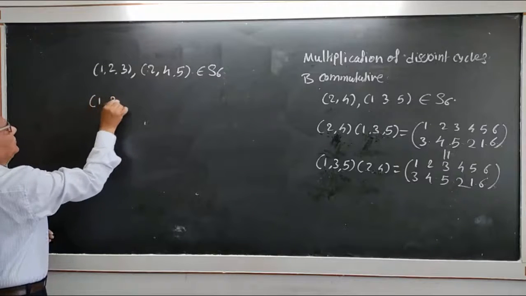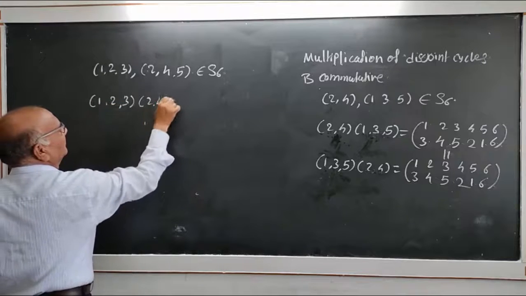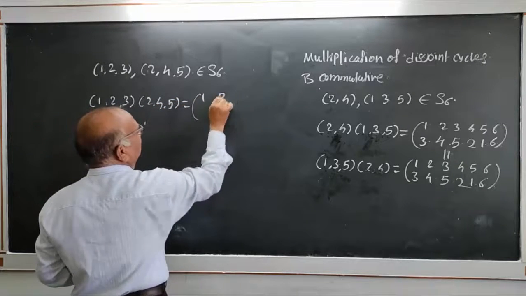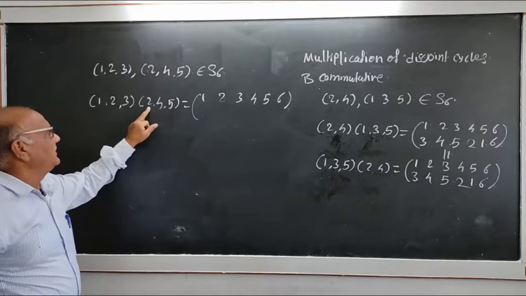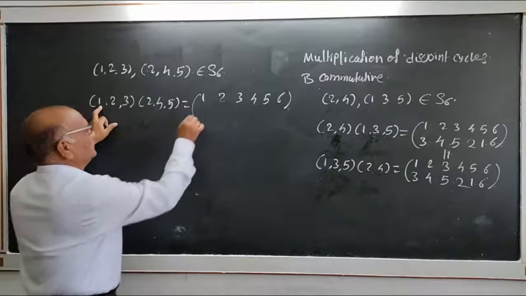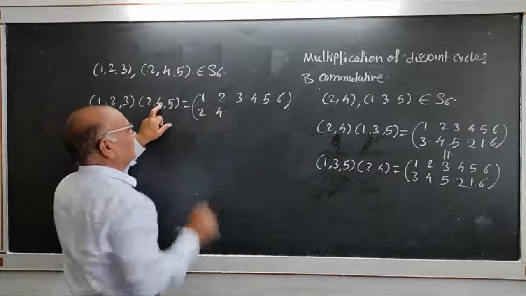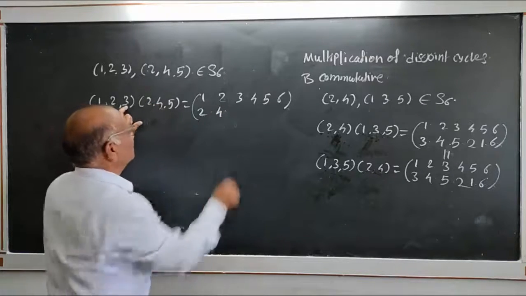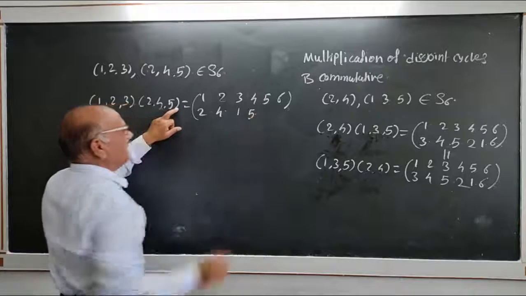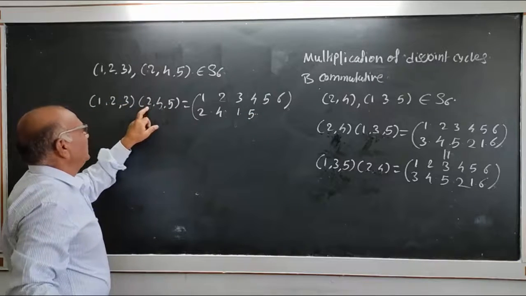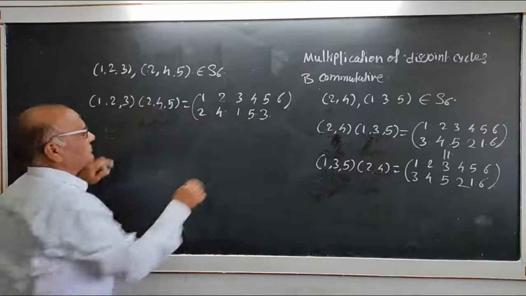Now take (1 2 3)(2 4 5) on 1, 2, 3, 4, 5, 6. Here 1 goes to 1, then 1 goes to 2. 2 goes to 4, 4 goes to 4. 3 goes to 3, then 3 goes to 1. 4 goes to 5, 5 goes to 5. 5 goes to 2, then 2 goes to 3. And 6 goes to 6, like this.